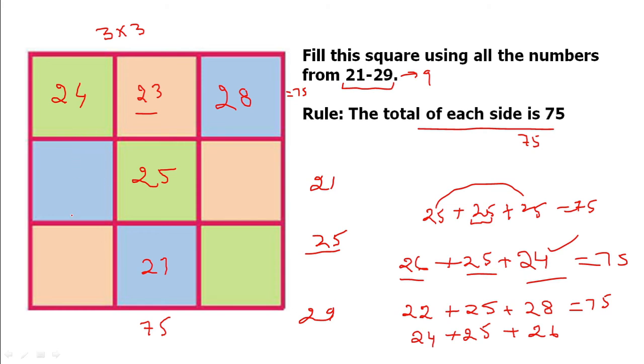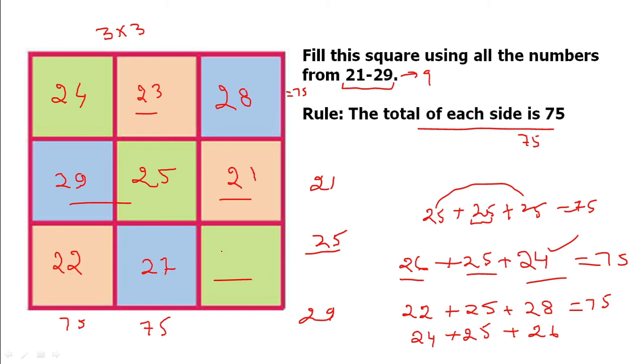Come towards this line. Let us have 29 here. 1 less than 25, 4 more than 25, means we have to have 3 less than 25. 22. Okay, so you can see again the sum is 75. Now 2 entries are filled. We have to put here and here. 4 more than 25, 4 less than 25, 21.